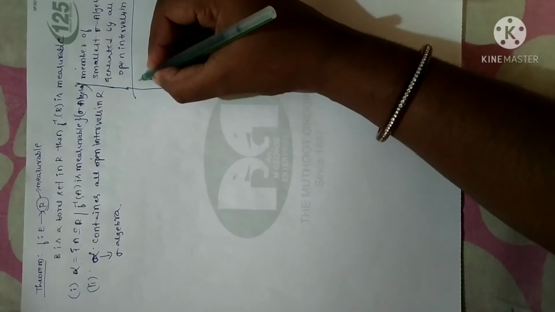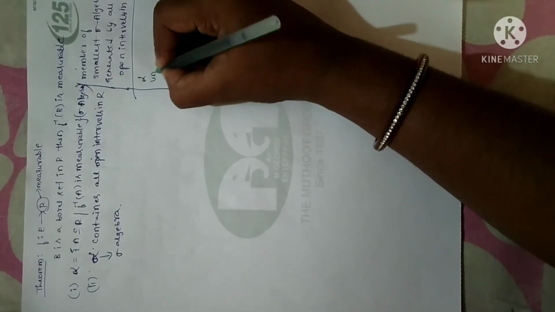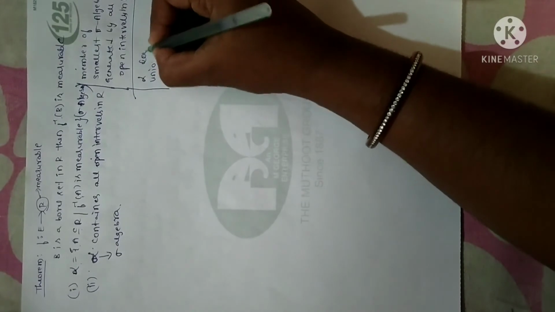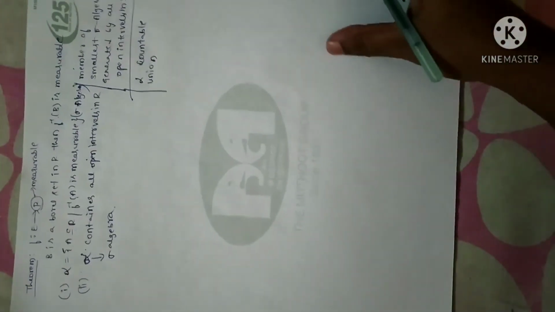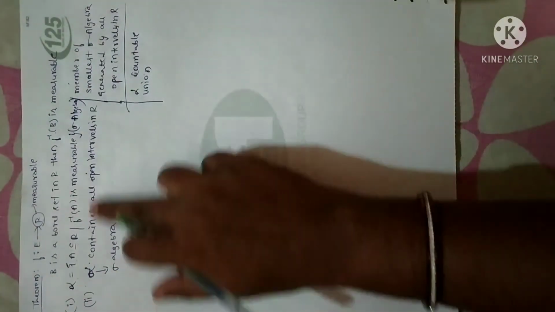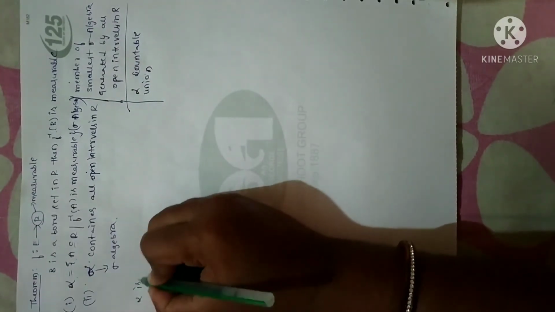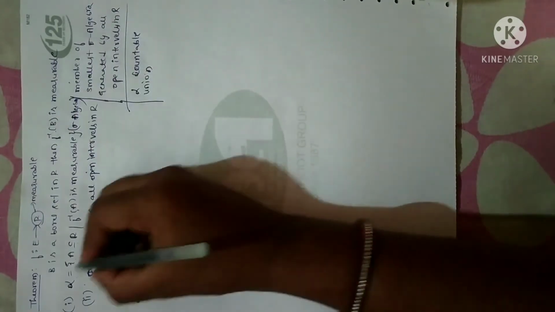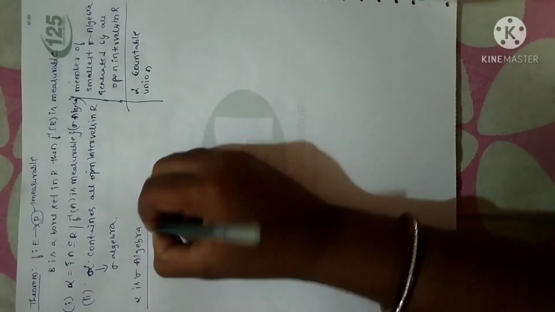When do we say any set is a sigma algebra? A set alpha is said to be a sigma algebra when it is closed under countable union, right? If it is closed under countable union, we can say the set is a sigma algebra. Given that alpha is a sigma algebra, we have to prove this is measurable. Further, we have to prove alpha contains all the open intervals in R. Now let me prove this. Suppose I consider the given statement, that alpha is a sigma algebra, right?